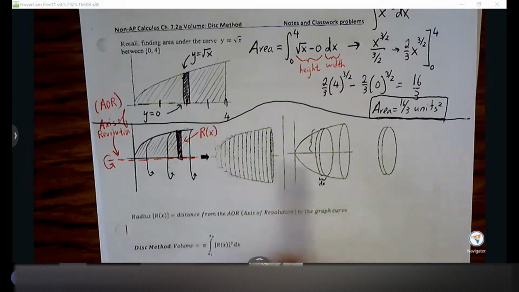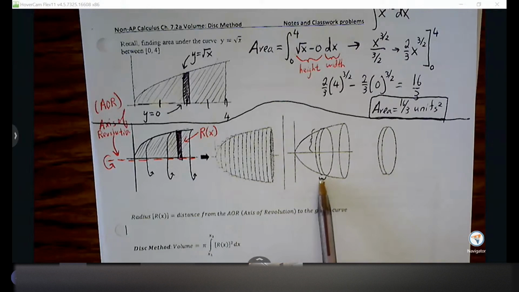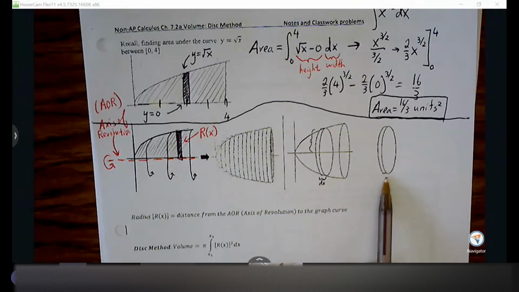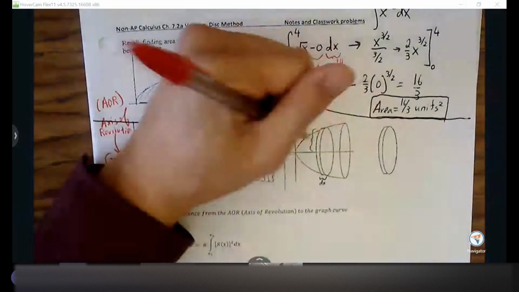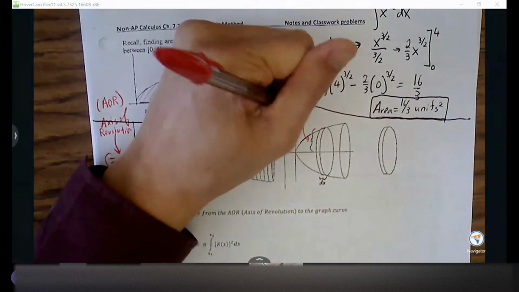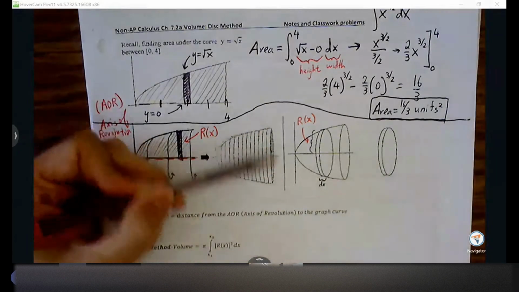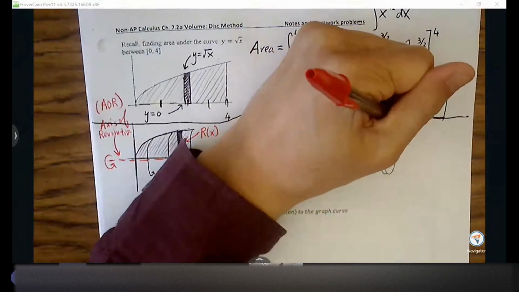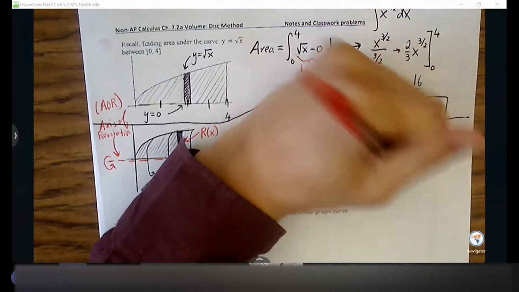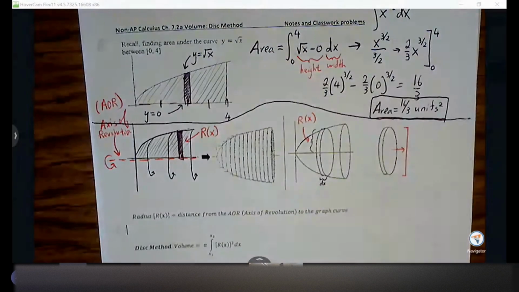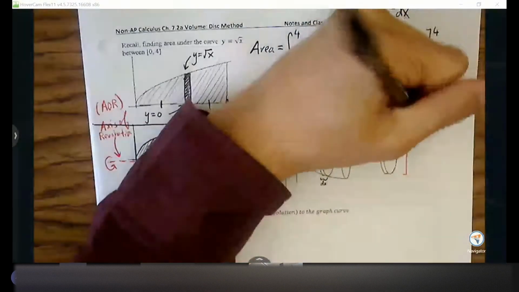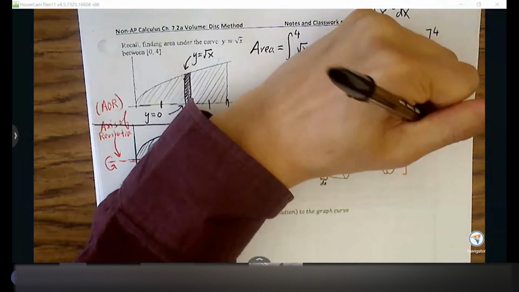So let's just look at one representative cylindrical disk. Now, we know that there's going to be that radius component, big R of x. But because we're rotating 360 degrees, there's going to be a circular aspect to our shape. These are going to be circular disks. So we're going to have to involve the area of a circle for the face of one of these disks. So area, we know, is pi r squared.